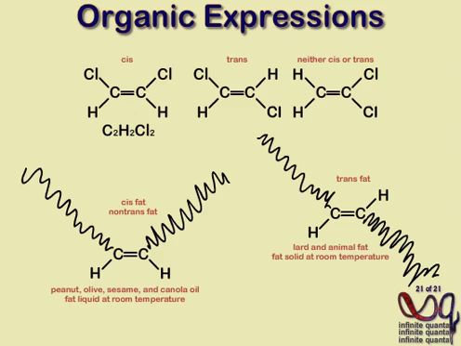And this is what all the oils and fats that you fry in are, the trans kind of fat. The cis kind of fat is kinked, so they're not packed so tight. There's a lot of space in between them. They're not so dense. Does this make sense to everyone? So all of the peanut oil and all of the olive oil have many kinks in the long chains because they're all cis-based.